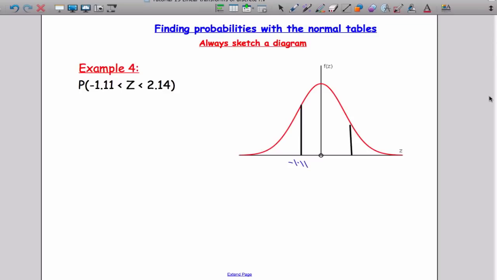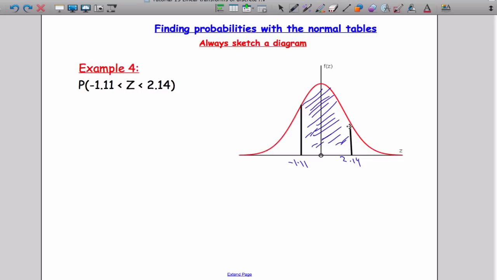Just sketch and say it's there. So I'm interested in the area trapped in here.